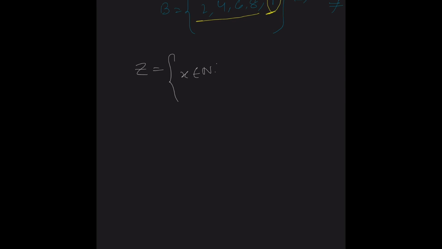So Z consists of element X, which is an element of the natural numbers. And what is the rule that would define set Z?